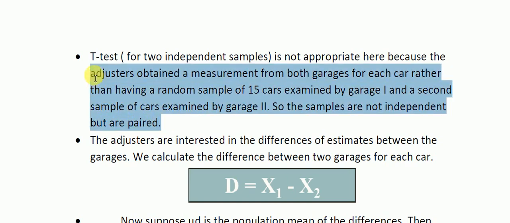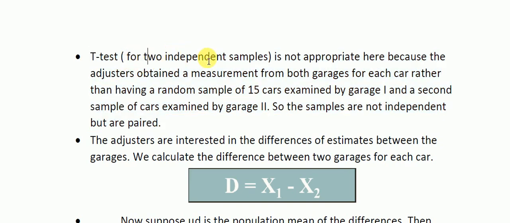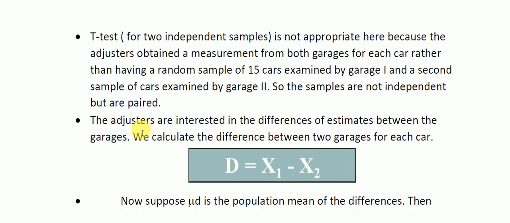So rather we'll use a t-test for two dependent samples, because the same cars had the estimates taken from both of these garages.